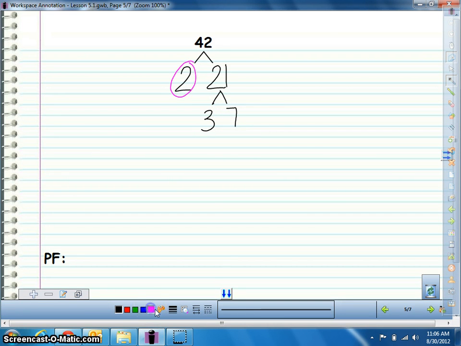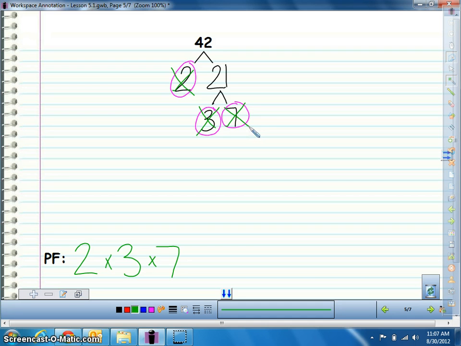So when I look at that, I know that 3 is a prime number and 7 is a prime number. So I'm at all dead ends. Now I'm going to write it out. My prime factorization is 2 times 3 times 7. I got a 2 and a 3 and a 7.